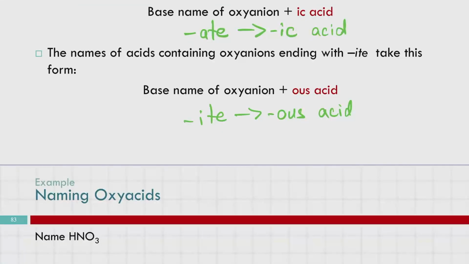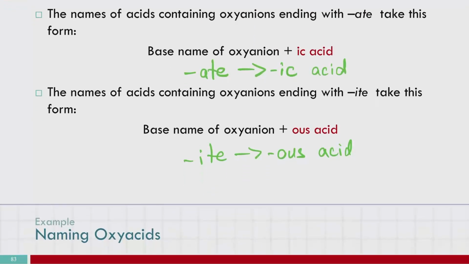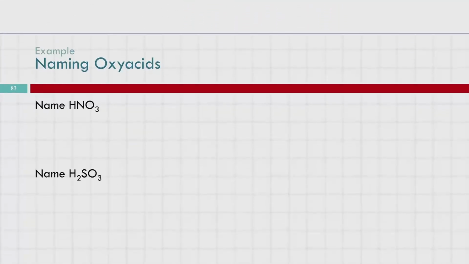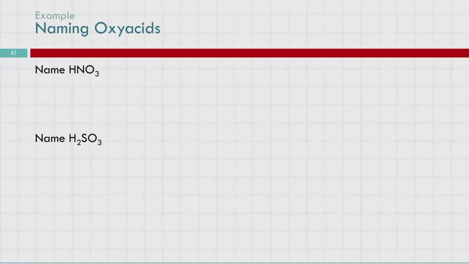Again, the hard part, I think, is figuring out which oxyanion we're working with. Once you get good at that, the naming for these really becomes pretty simple. So naming some oxyacids, we have HNO3. Looking at HNO3, we can tell that it's an acid.